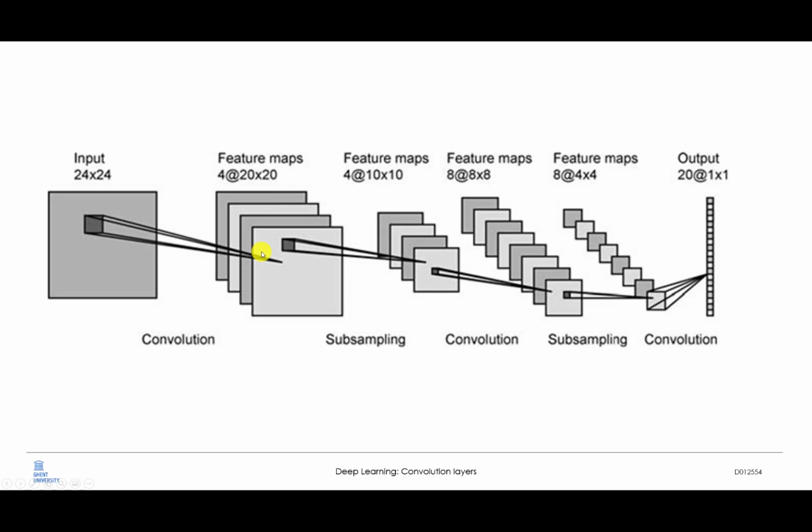Another thing you can see in between is that we have something known as pooling or subsampling, and that makes these feature maps smaller and smaller. The idea is that at the end we would have features that sound something like, I'm looking for something that looks like a nose somewhere in the middle of the image.